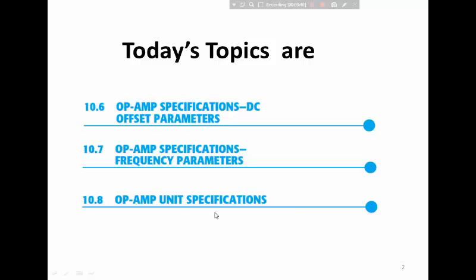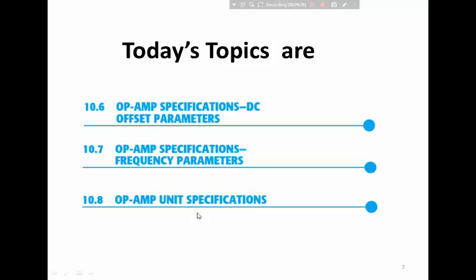The specification sheet of a 741 op-amp is given, and we will see the important parameters specified on it, like its DC offset parameters, frequency parameters, common mode rejection ratio, input impedance, output impedance, supply voltage limitations, power limitations, input voltage range, and the maximum output current it can provide for a particular load.